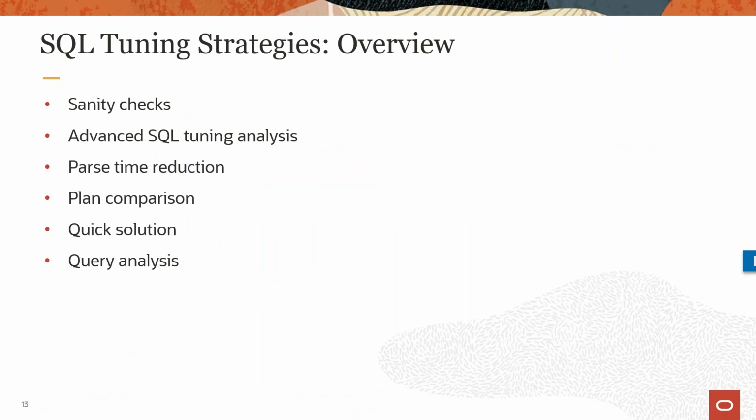When choosing an SQL tuning strategy, like a quick solution strategy or a query analysis strategy, there are a couple of things that you need to do after you have identified the SQL problem. And this is important in your choice of the most efficient way to tune that SQL statement. All of the bullets mentioned on this slide are explained in much more detail in the subsequent slides.